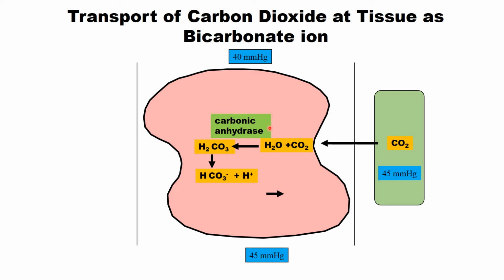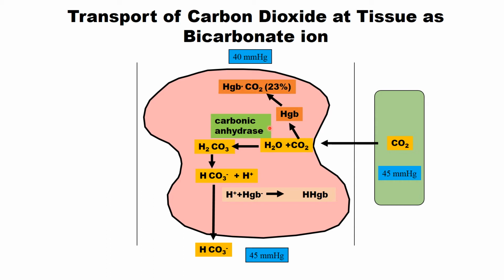The hydrogen ion combines with hemoglobin, whereas the bicarbonate ion diffuses out of the RBC into the plasma. You can see here it has diffused out, whereas the hydrogen ion combines with hemoglobin protein in a powerful acid-base buffer reaction. Then this carbon dioxide also combines with hemoglobin to form carbaminohemoglobin, which contributes 23% of the transport mechanism.